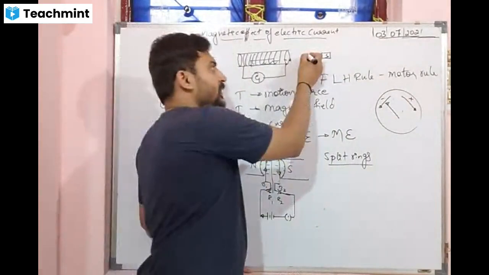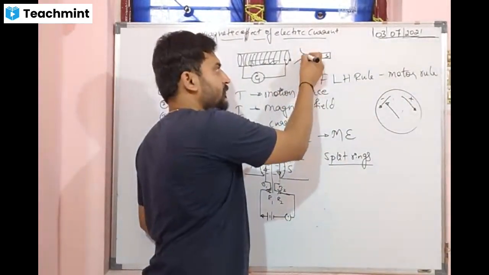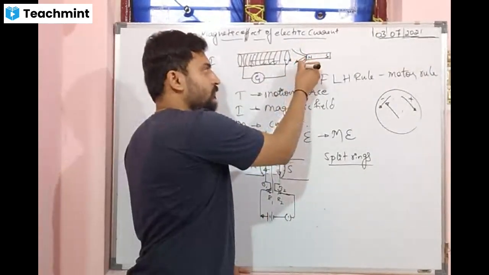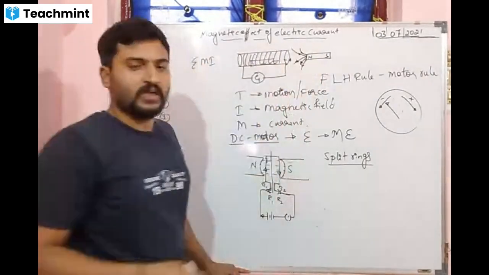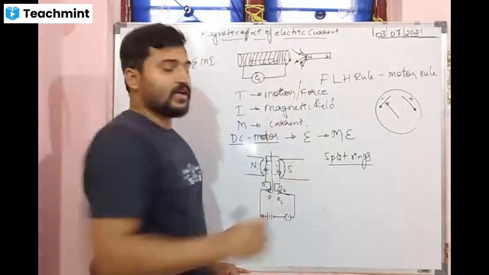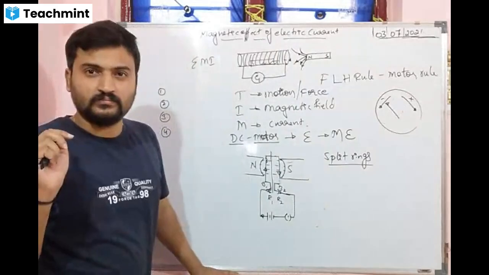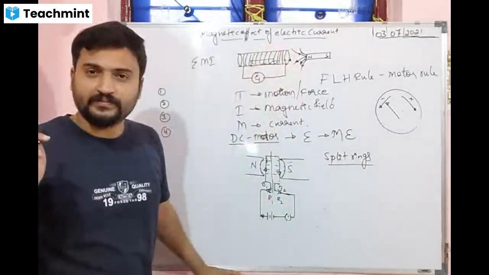So what happens? Here there are field lines, coming out of north, and there are conductors here. If there are conductors, the field lines try to link with them, but we do not let them stick, because all are insulated.